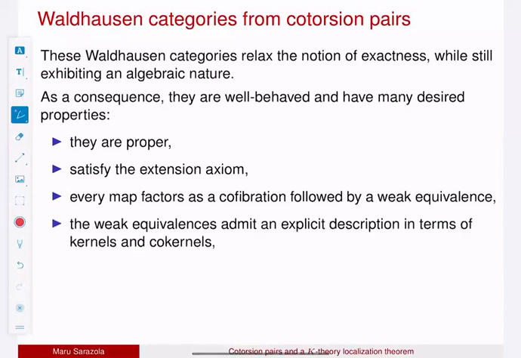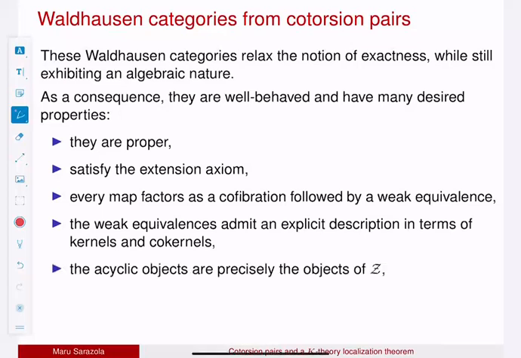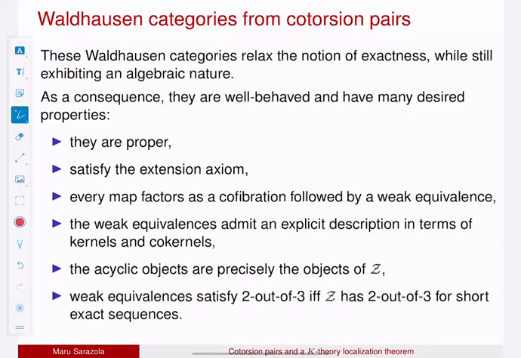We also have an explicit description by definition of the weak equivalences in terms of kernels and co-kernels. So even the weak equivalences, which bring the homotopical part to the table, still behave in an algebraic way through their definition. We can prove that the acyclic objects are precisely the objects of our chosen class Z. So 0 to x is a weak equivalence if and only if the object is in the class Z. And lastly, we can pin down when we have 2 out of 3 for weak equivalences.